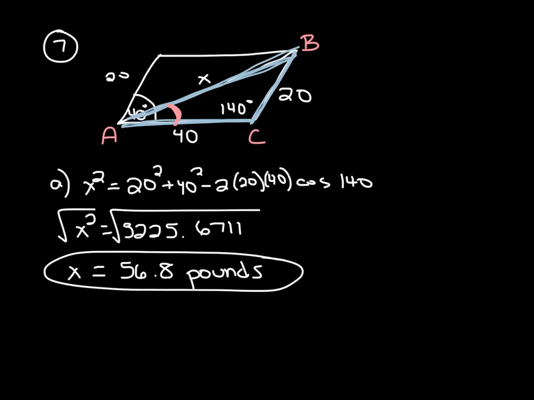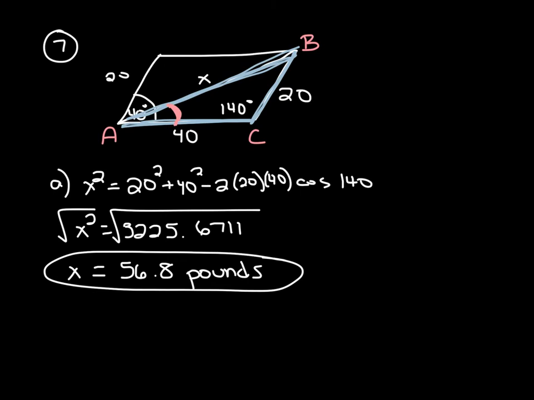Now, here, you have to decide whether you're going to be using law of sines or law of cosines. I mean, technically, you could really use either one you want, because if you wanted to use law of cosines, we do know the 3 sides, so we can find an angle. If you want to use law of sines, we know all the sides, and we're working with 2 angles. So you can use either one.